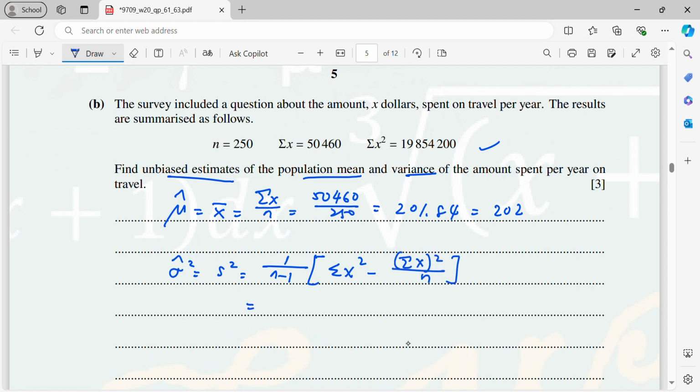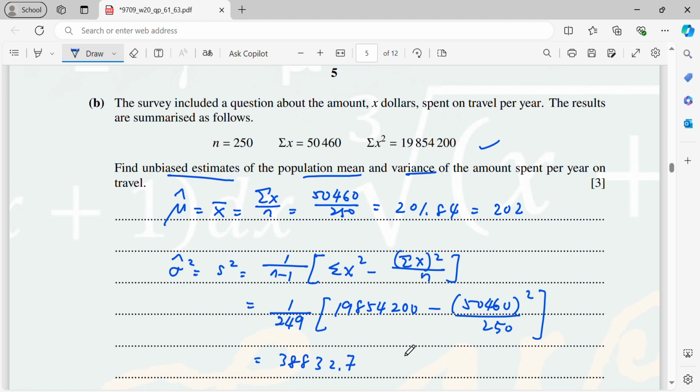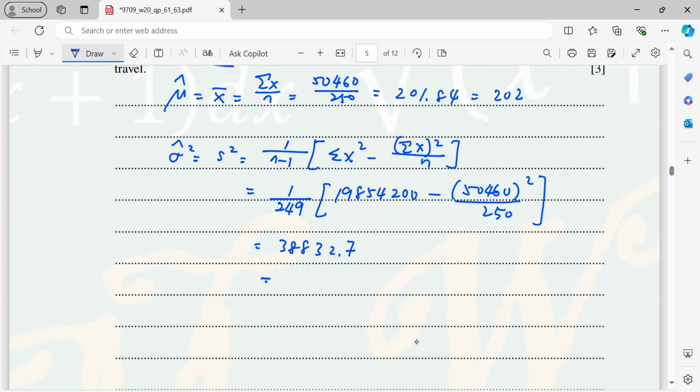Now when you replace the values, 1 over 249 times 19854200 minus the square of 50460 over 250, this is going to be 38832.7, and now I round to 3 significant figures, that is 38800. So that's all for this solution.